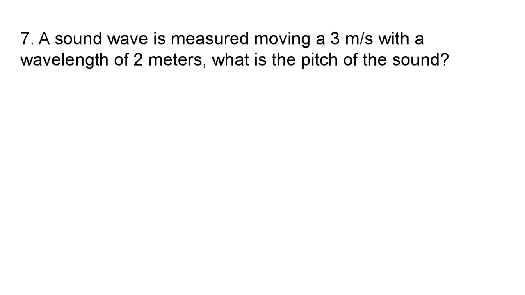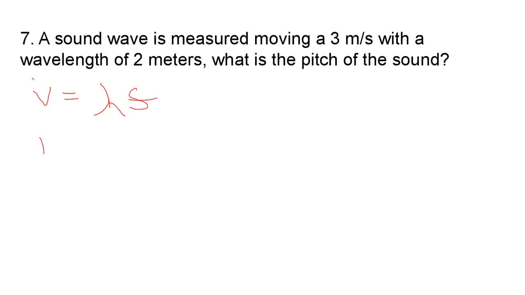A sound wave is measured moving at 3 meters per second with a wavelength of 2 meters. What is the pitch of the sound? Well, once again, we know that pitch is frequency, so all we do is find the frequency. Last time, we learned that wave speed, frequency, and wavelength are connected by the equation: wave speed equals the wavelength times the frequency.